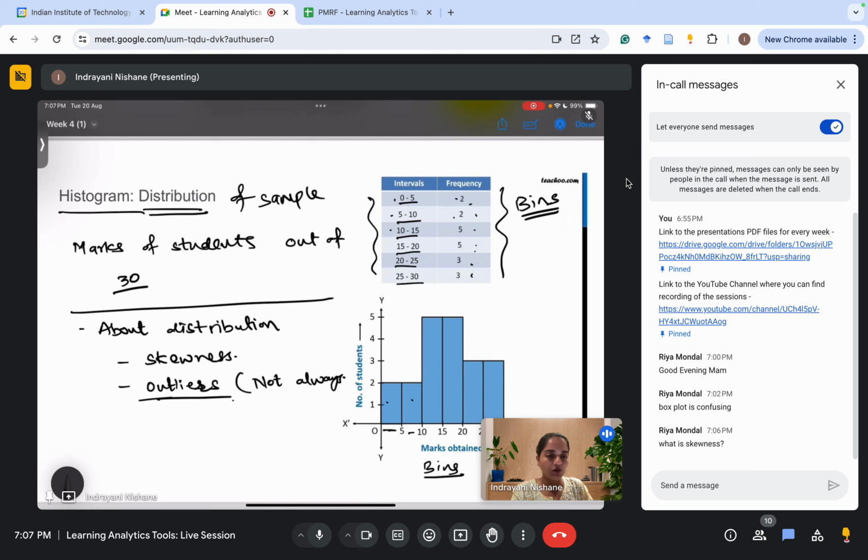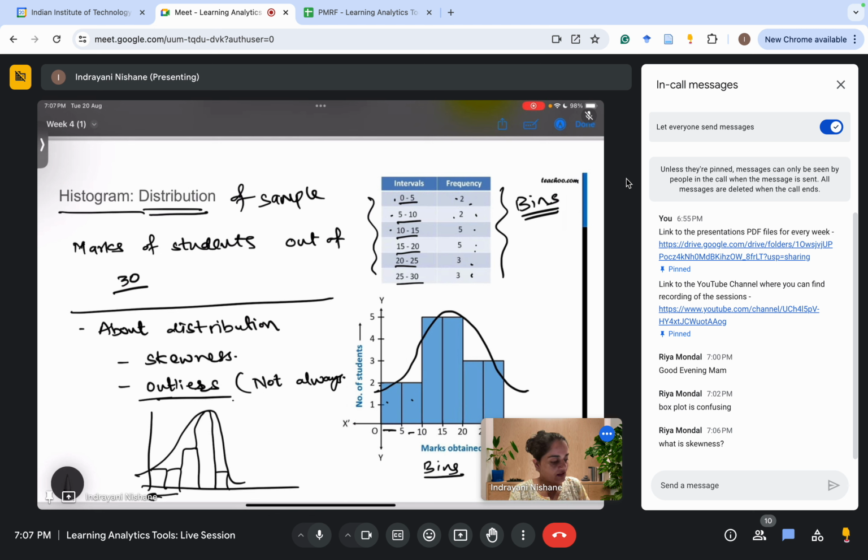Yeah? So real skewness is like this, you can say the distribution for this particular curve. Similarly, if the bins are plotted like this, then the distribution will go like this. So that means more students are lying towards the left-hand side of the curve, the bell curve or the histogram.